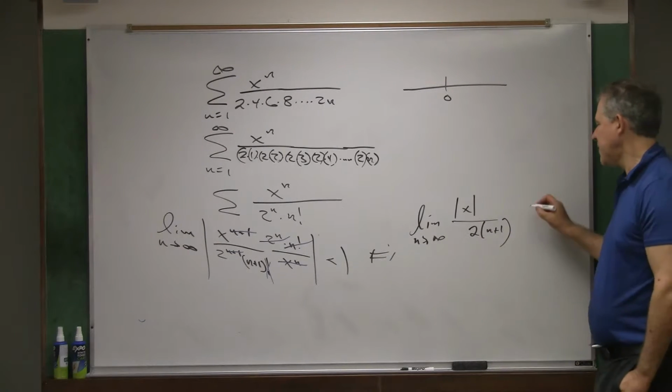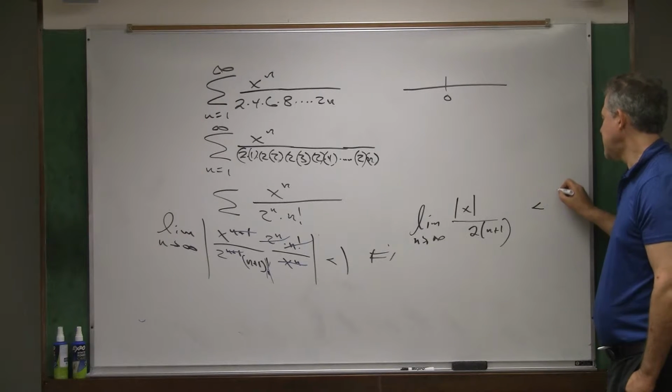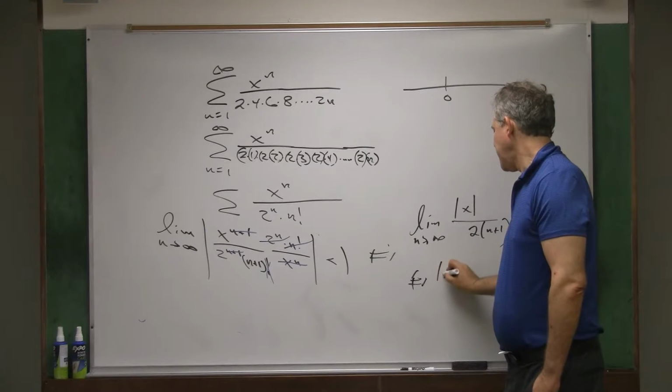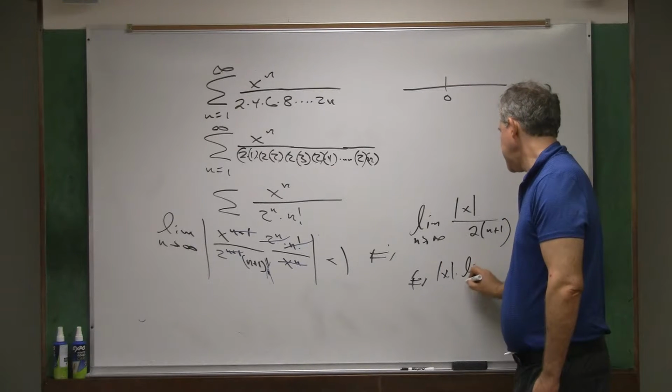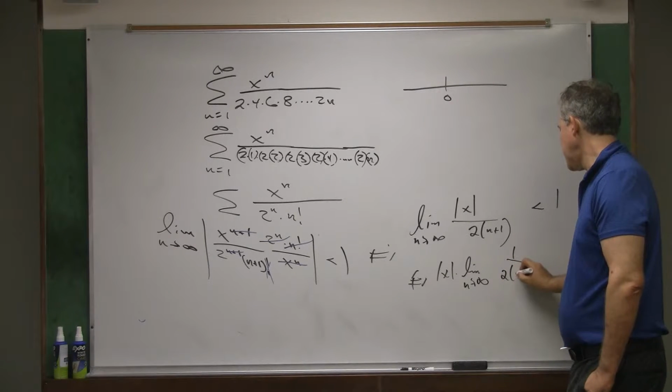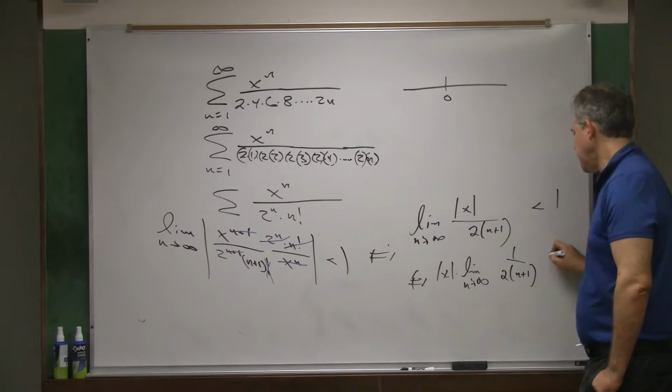So what's going to happen? We're forcing that to be less than 1, so we're forcing the absolute value of x times the limit as n goes to infinity of 1 over 2 times n plus 1 to be less than 1.